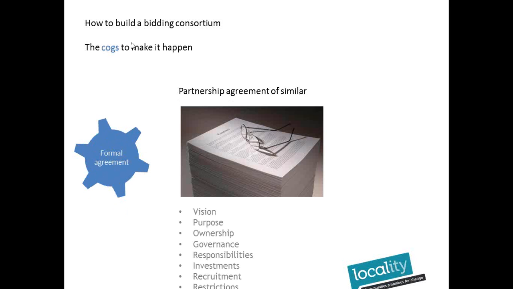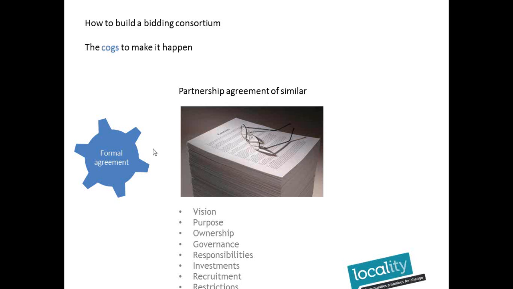Formal agreements are really useful. You might want a light touch formal agreement early on as you're developing the consortium. A lot of consortia then later on, further down the line, get everything wrapped up and they get a much more detailed partnership agreement in place. Just some of the possible headings for a partnership agreement in front of you on the screen here, but you could have a think later on about that in more depth.